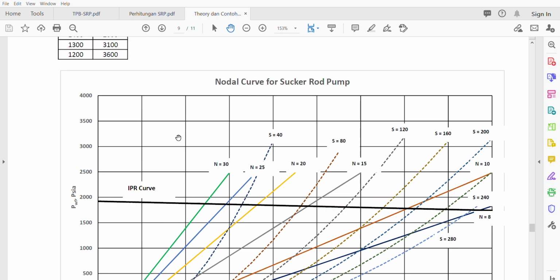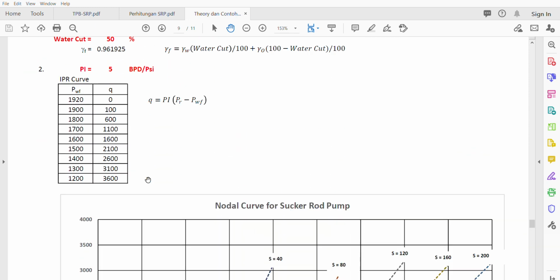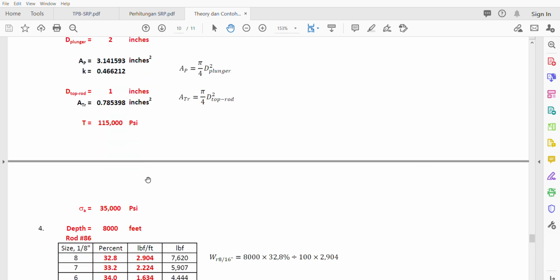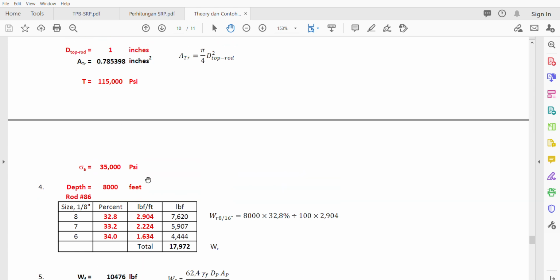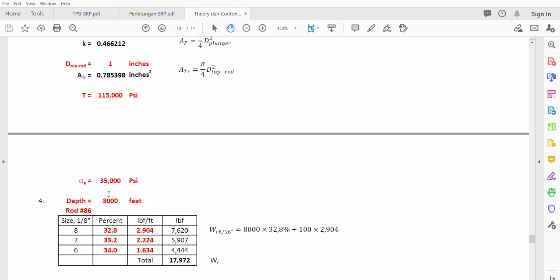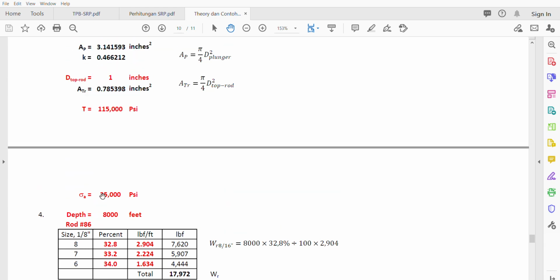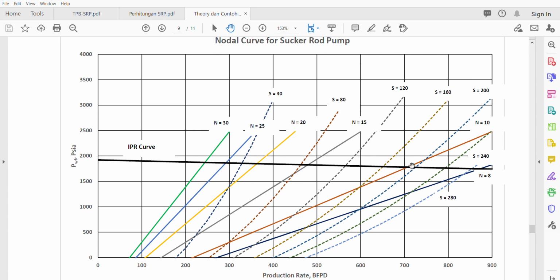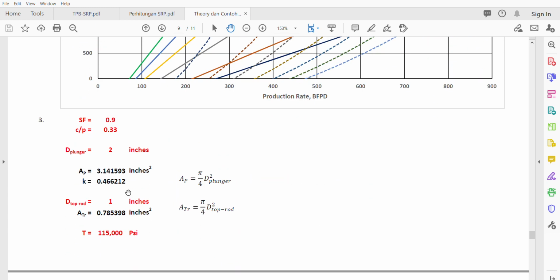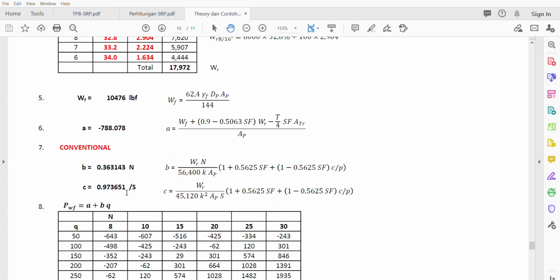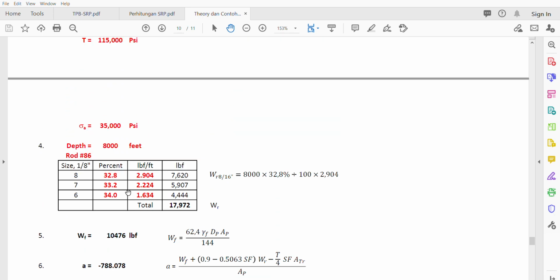So do the calculation here and here until number 4, and do this line, and then continue number 4, until number 6.